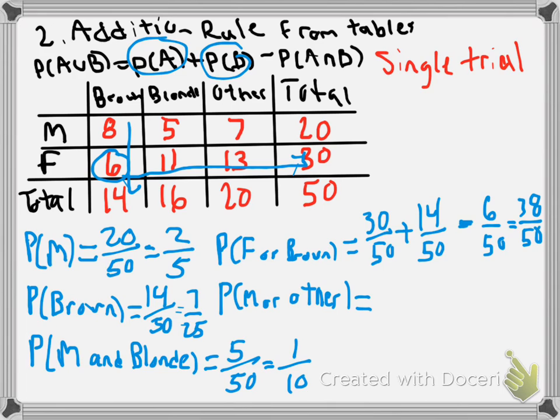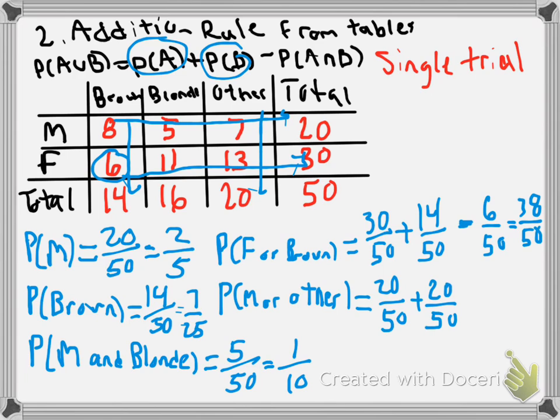Last example. So let's say we want to do the probability of selecting a male or having other hair color. A male or other hair color. Well, the males, that's simple. In this row there are 20 males out of 50. And what's the chance that I get other hair color? Well, that's also 20 out of 50.